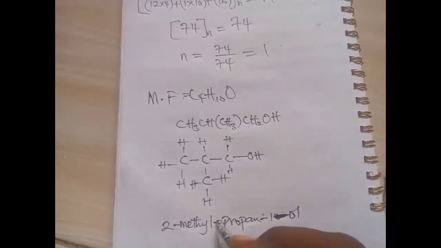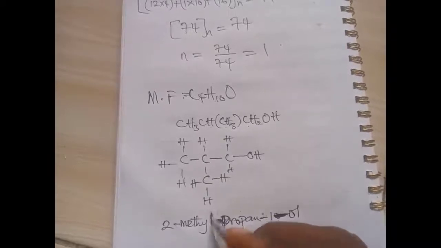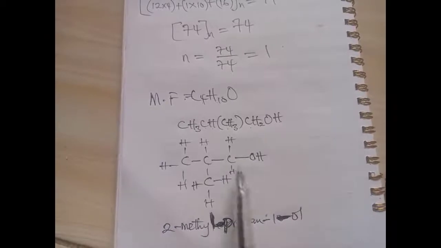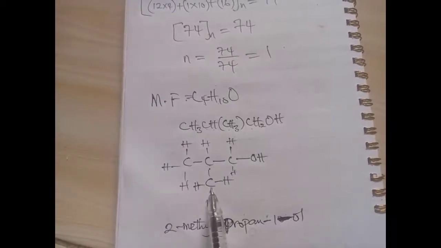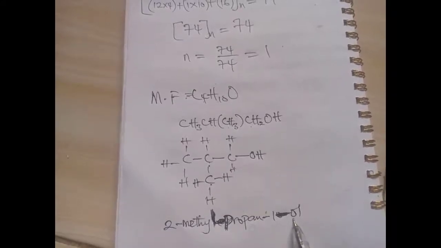You may neglect the spacing, just write it together. 2-methylpropan-1-ol. What it means is that at the second carbon atom there is a methyl attached to it. At the first carbon atom there is an alcohol functional group there.